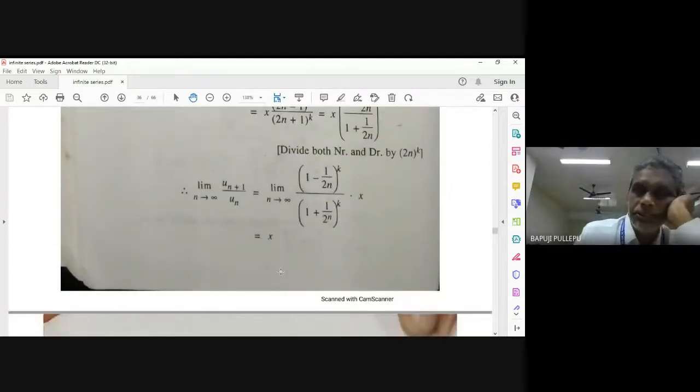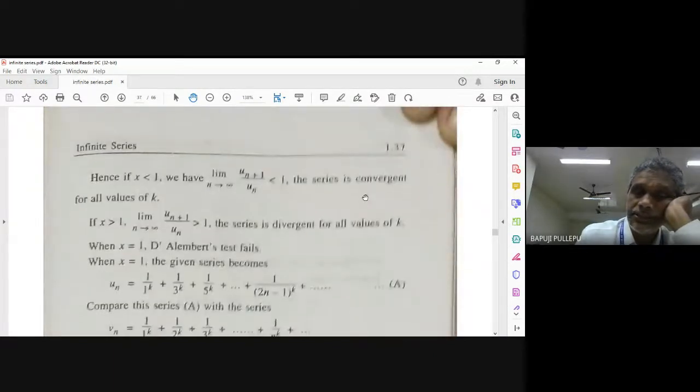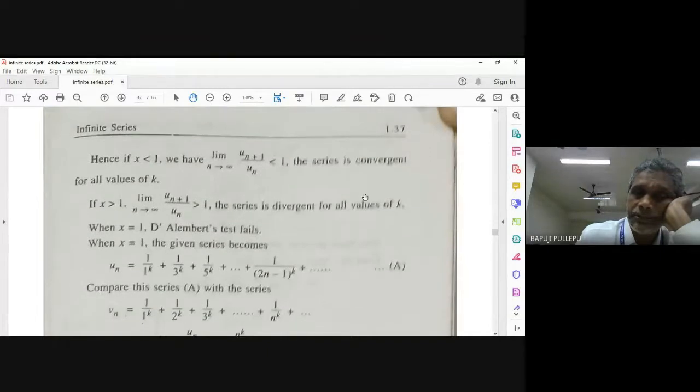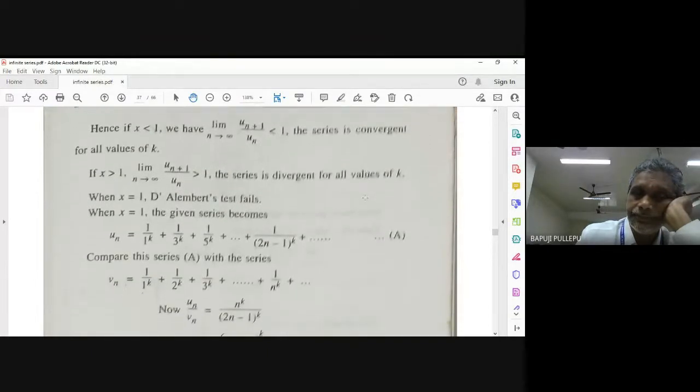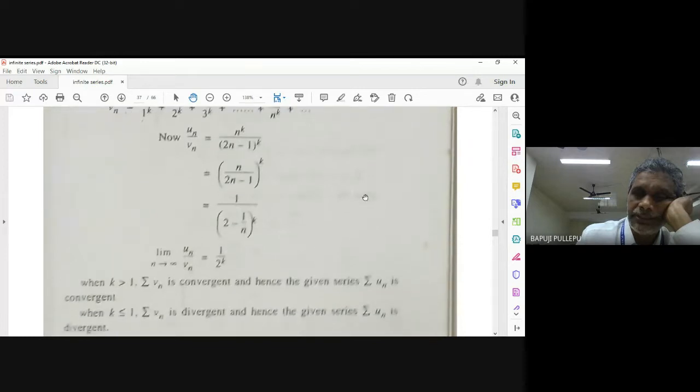X is r, you can think for the x. X less than 1 means convergence, x greater than 1 means divergence, like this. X equal to 1 means you can go for the comparison test.